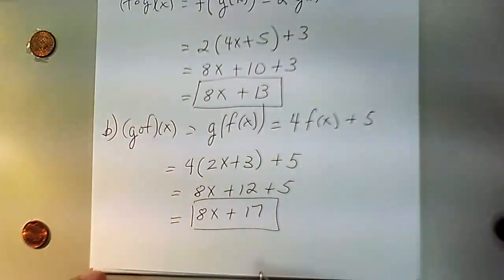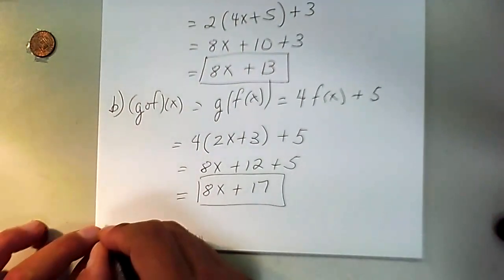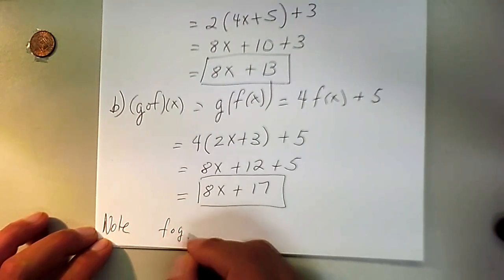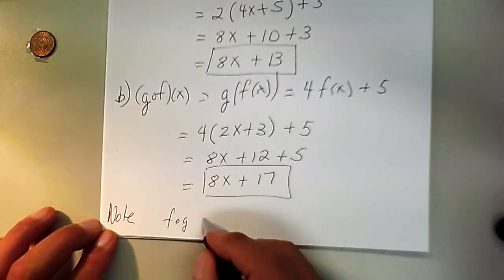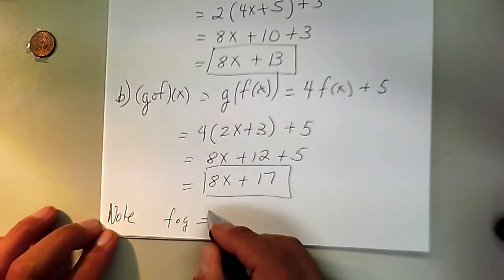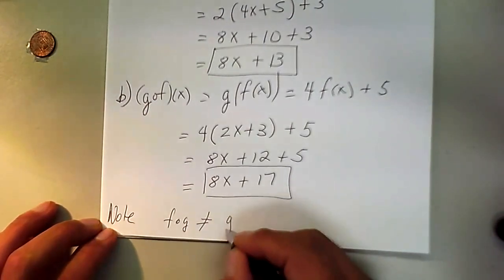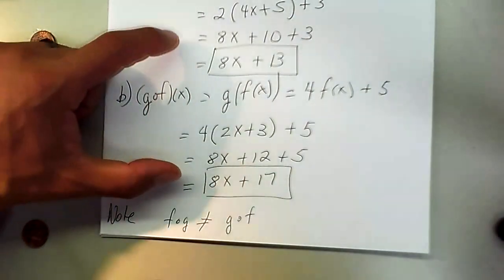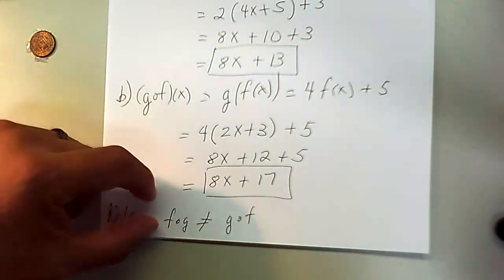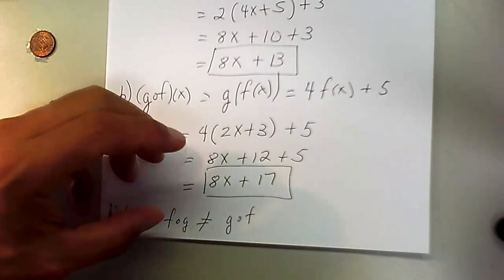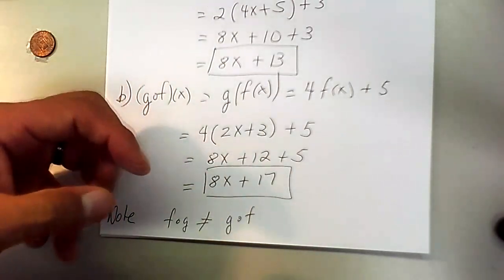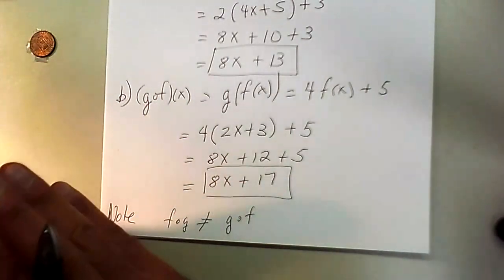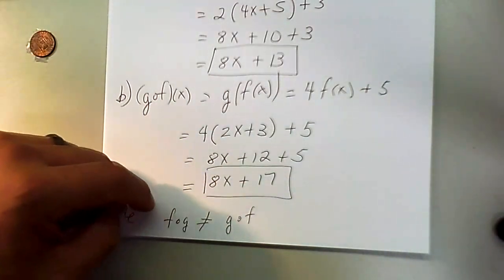Which leads to an important note. F composed with g is in general not equal to g composed with f. And we just gave an example where they're not commutative. Now, when we say that an operation is commutative, that means that it will apply to every single number or every single object. So for instance, addition is commutative.